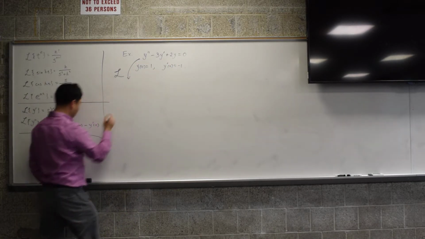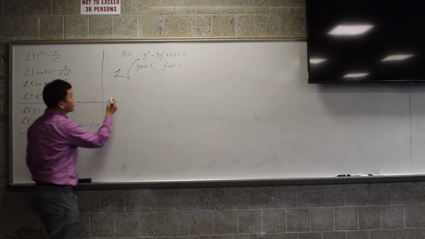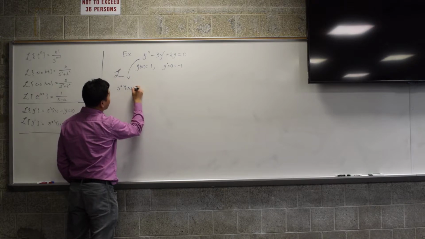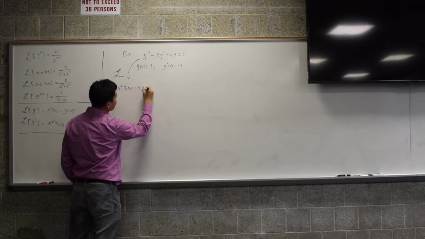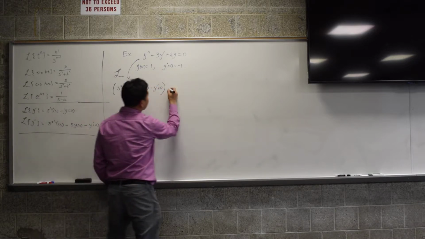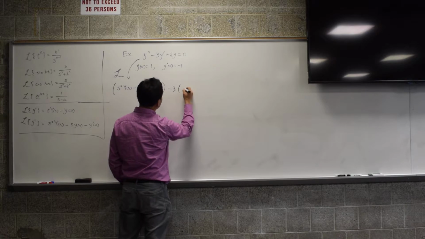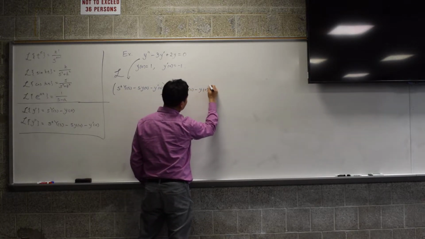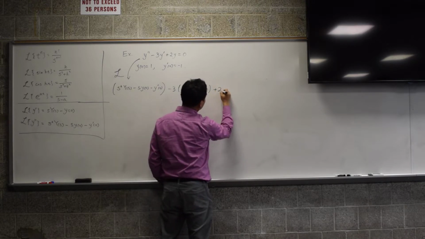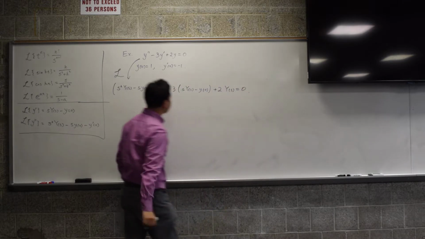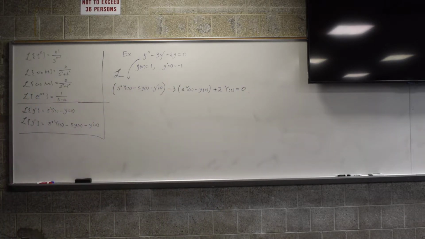And that gives you, according to this thing here, s squared y of s minus s times y of 0 minus y prime of 0, minus 3 times s times y of s minus y of 0, and then plus twice y of s equal to 0. Laplace transform of 0 is 0.